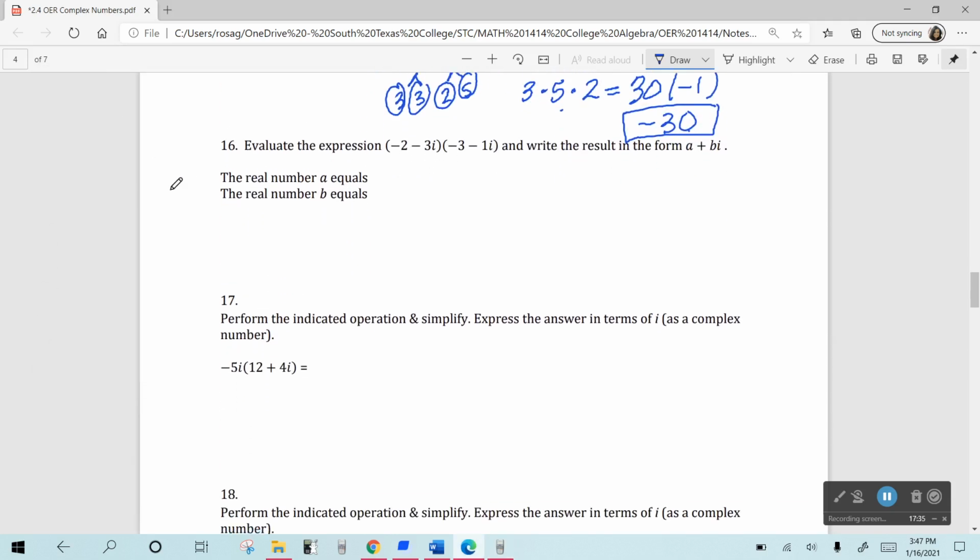Okay, and then this one, again, 2 and 2, so that means I use a binomial. I'm going to use the box. -2 minus 3i, -3 minus 1i. And then I'm going to multiply, so that's 6, 9i, 2i, 3i squared.